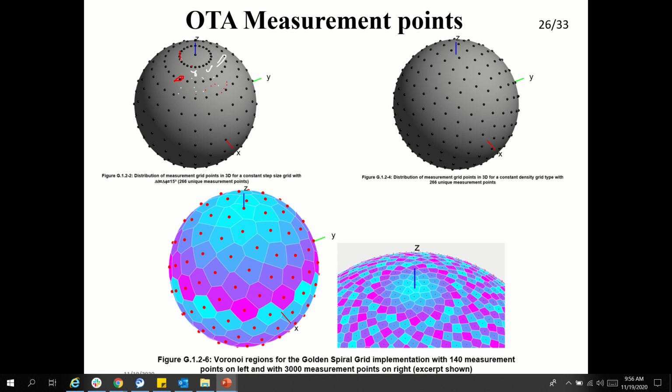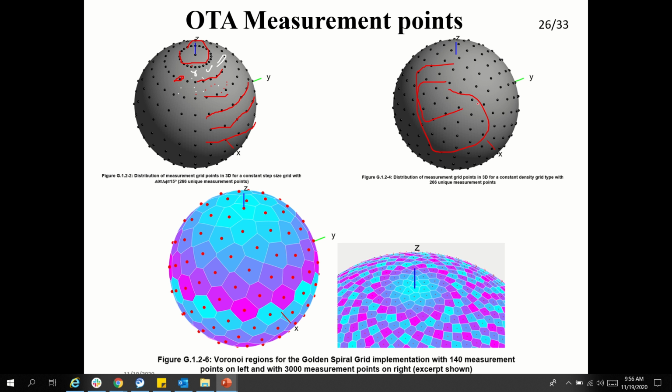One way is that you cut the sphere into slices, the top slice, the next slice, on the circle you place these points, and on the next circle you place these points, and on the next circle these points. That is one way. The other way is a kind of mixed one, so the other slicing is like this. It will look like this.